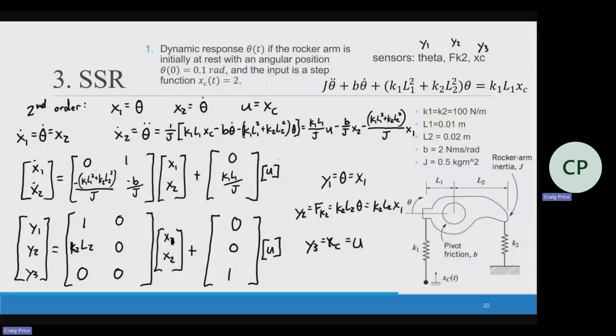So first off, what is the dynamic response? The output response. Theta is a function of time. We actually want to find the exact function based on the given input. We have the values here and everything.